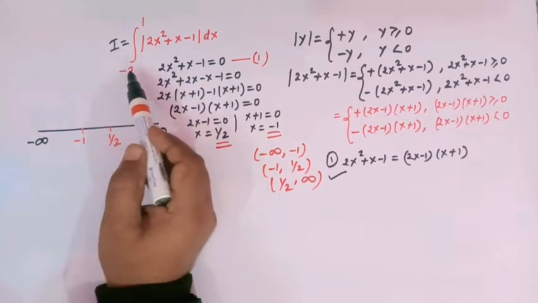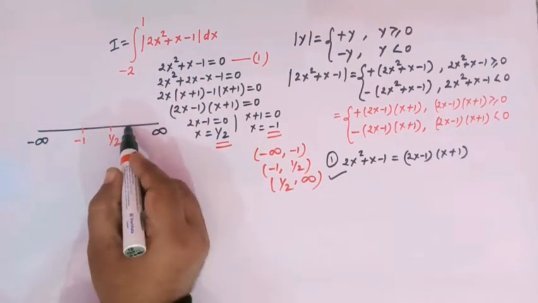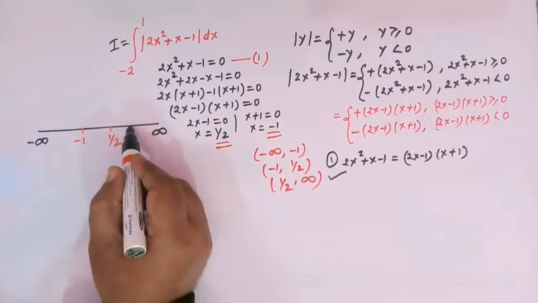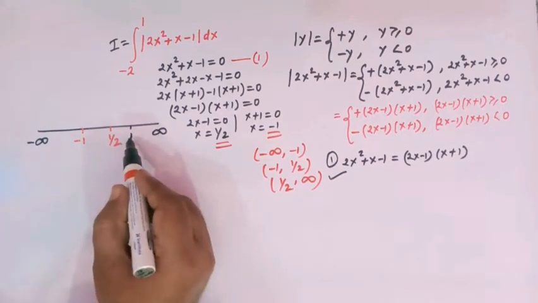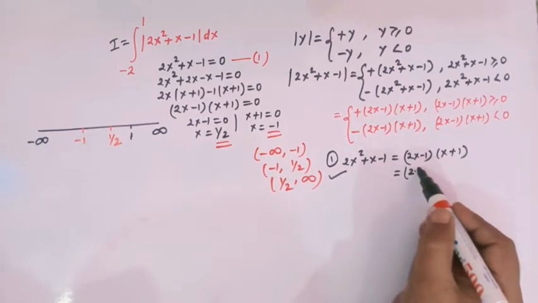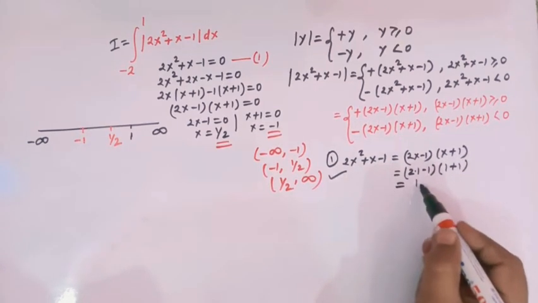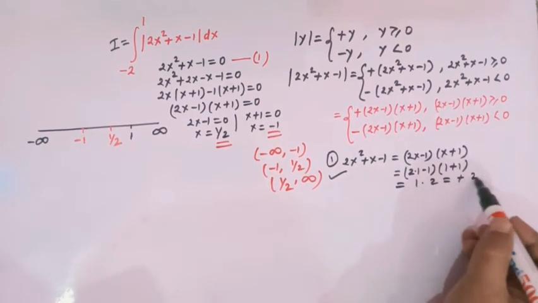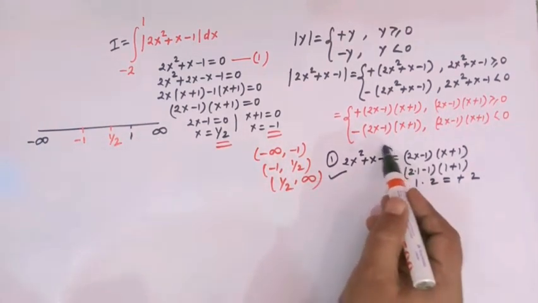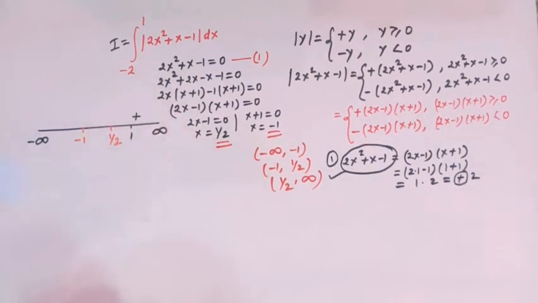We have to integrate this expression from −2 to 1, so obviously 1 lies between 1/2 and infinity. So let us take 1 here. Then this is 2 times 1 minus 1, and 1 plus 1, so 2 minus 1 is 1, times 2, that is plus 2. So when x lies between 1/2 and infinity, the sign of this expression is positive, so here we can write plus.